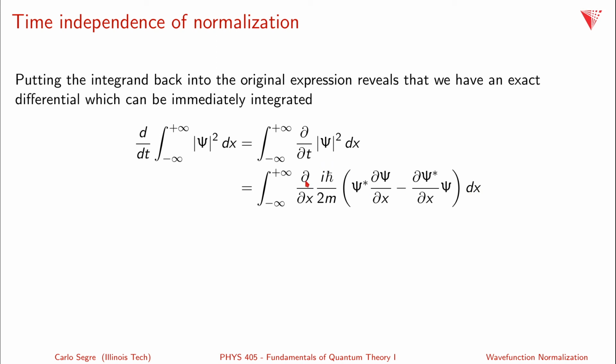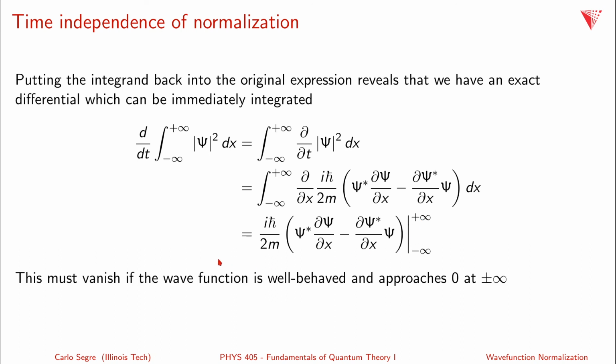But if you look at this, this is now a perfect derivative. And so the integral and this derivative cancel each other out, and we're left with iħ over 2m times this quantity in parentheses, ψ* partial ψ with respect to x minus partial ψ* with respect to x times ψ, evaluated at minus infinity and plus infinity.